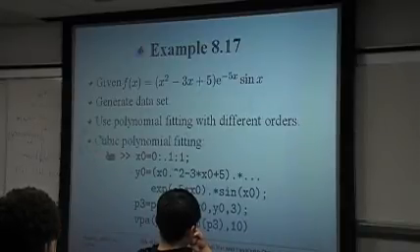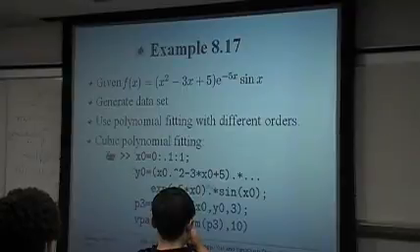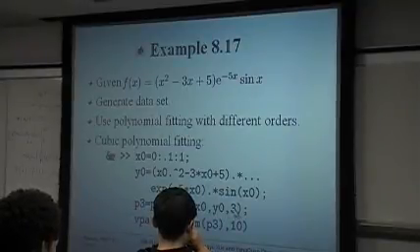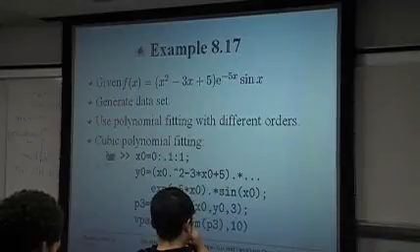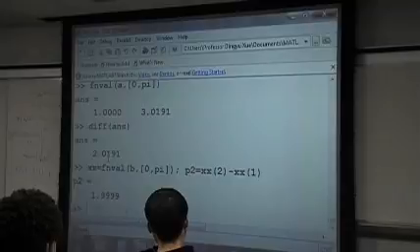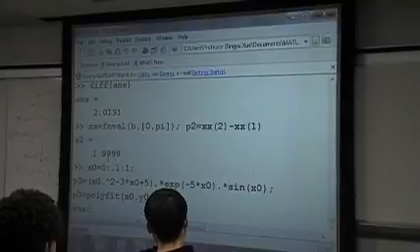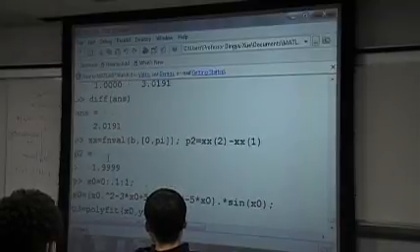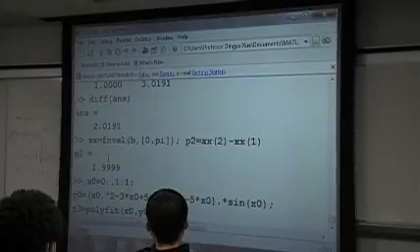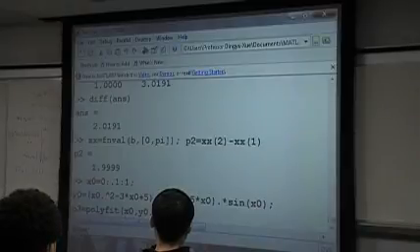So the function we are using is to generate data, and then we can have a third order polynomial. Actually, we do not need the last command. So we can generate data first, and we specify 3 here, and by the command polyfit, we can get a polynomial.